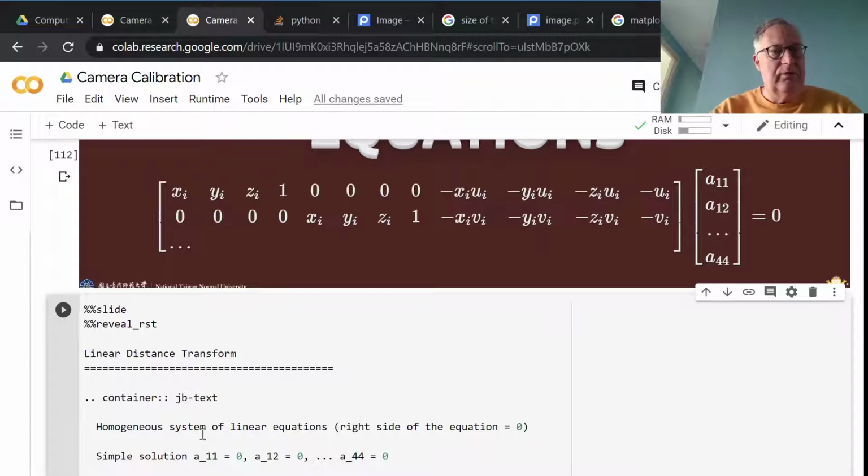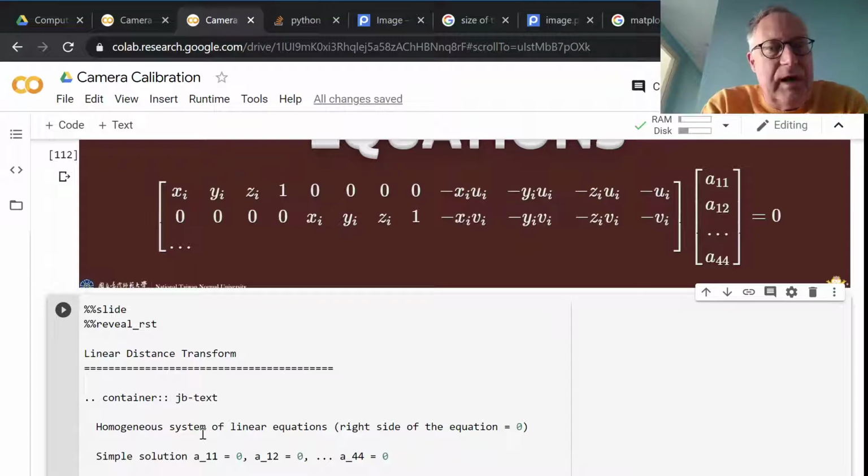Now, since it is a homogeneous system of linear equations, and we therefore are looking for the null space, that means that there's no unique solution.